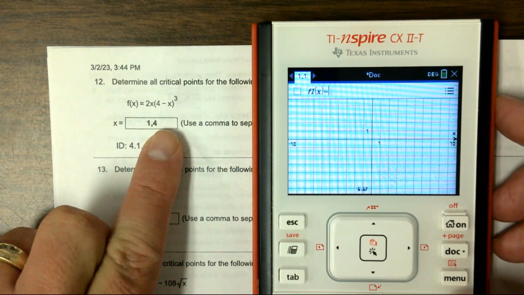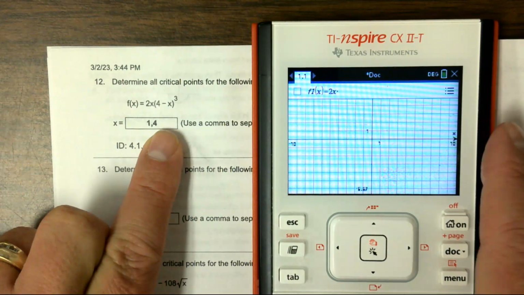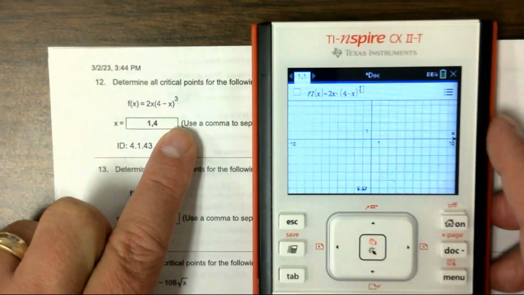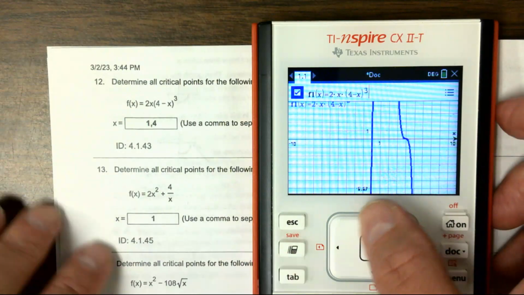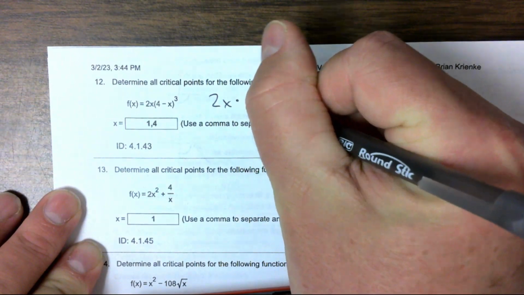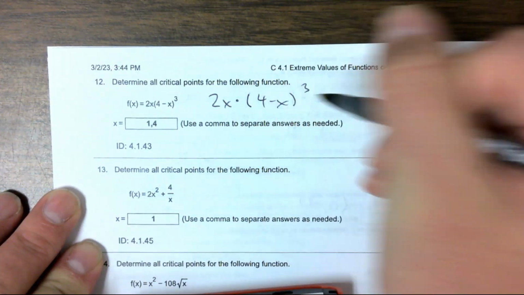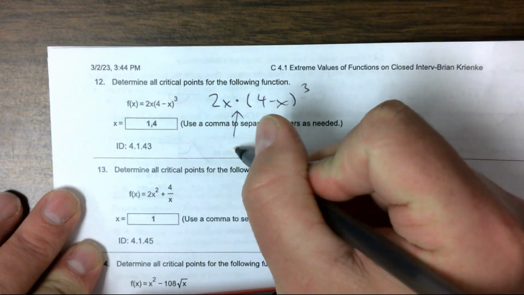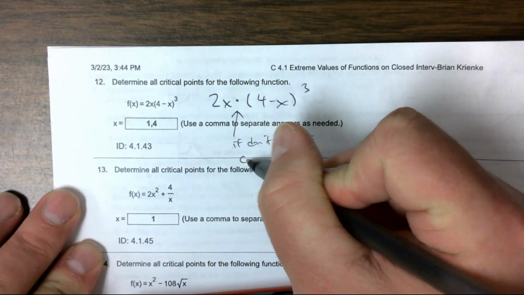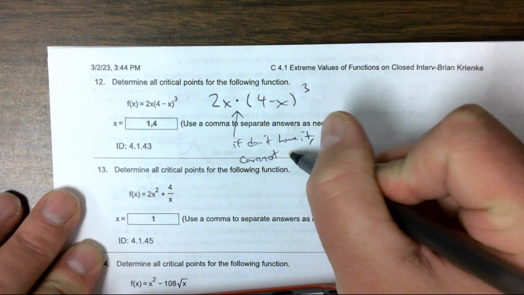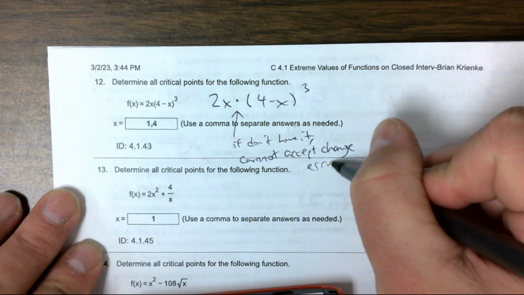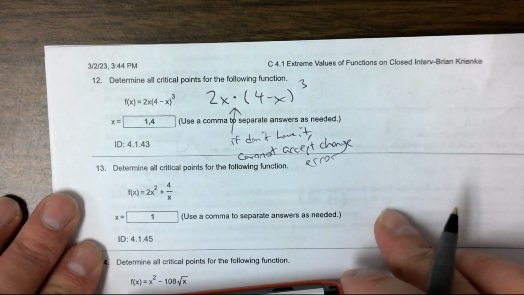Like 2x times parentheses 4 minus x, and then up arrow 3. So now it actually shows it. So I would say 2x times parentheses 4 minus x to the third. If you don't have it, it's an error.